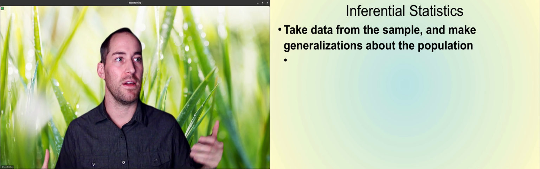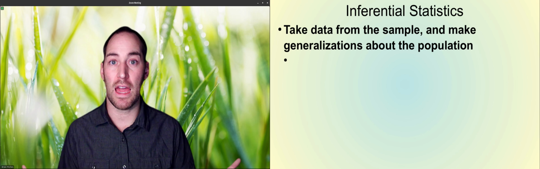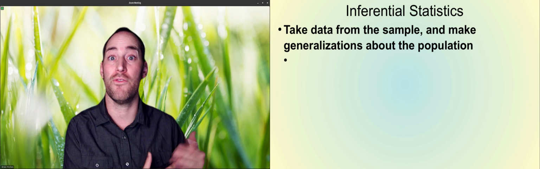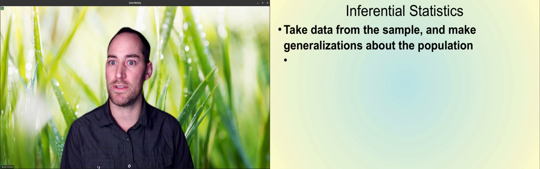So if we want to know about Salt Lake Community College, we ask questions of a sample of Salt Lake Community College students, and then we try to make inferences. We infer that might be how the population acts, behaves, feels about something.